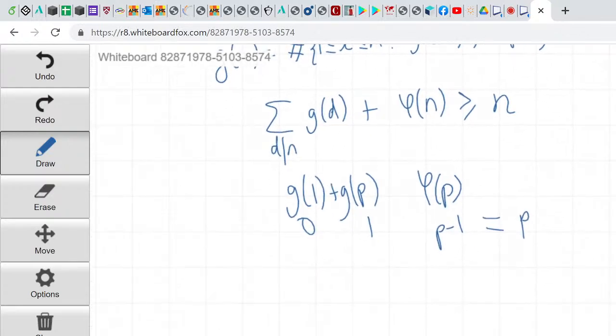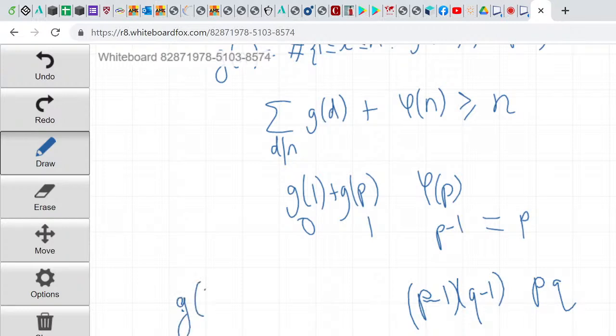Okay, what if n was a product of two primes? So pq. Phi of n would be p minus 1 times q minus 1. The sum would be g of p plus g of q plus g of pq.